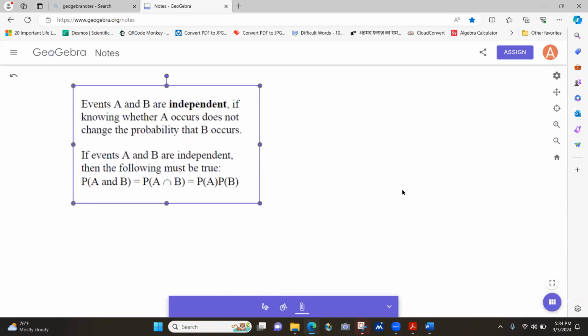Two events are independent if the occurrence of one event doesn't change the probability that the other one occurs. What does that mean? Well, when you're rolling a die and tossing a coin, they're independent events. They have nothing to do with each other. So getting a six will not have any impact on getting a head on your coin. Two events are independent if their probabilities are not influenced at all.